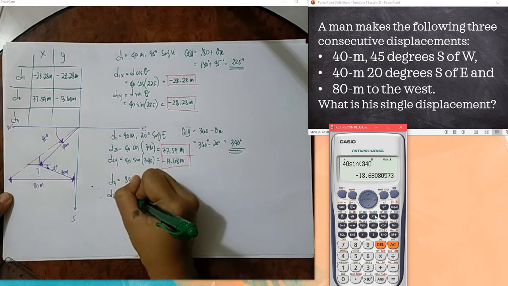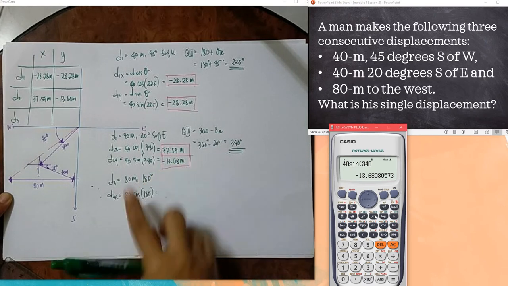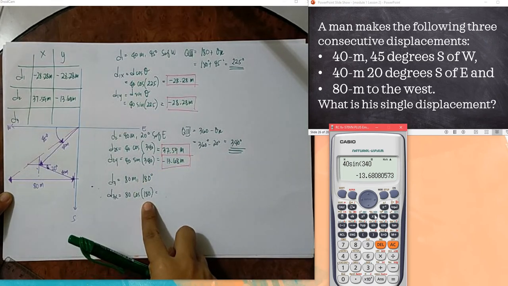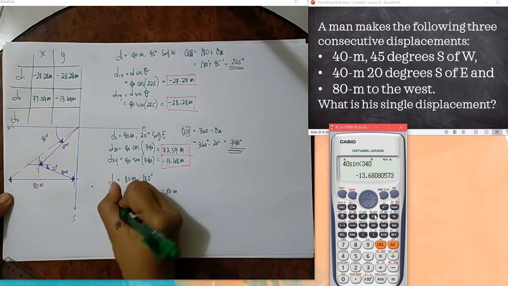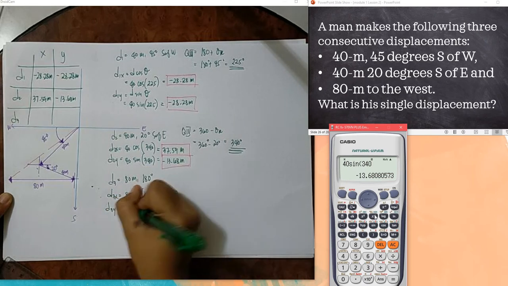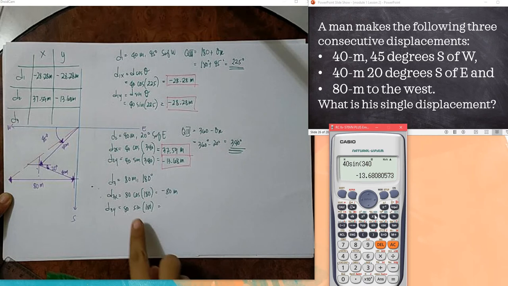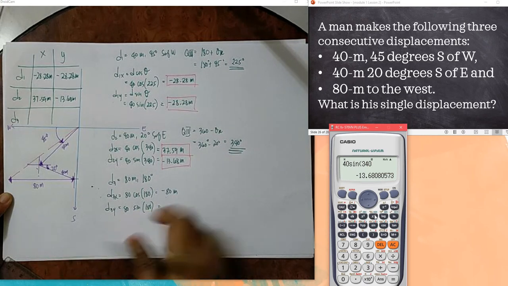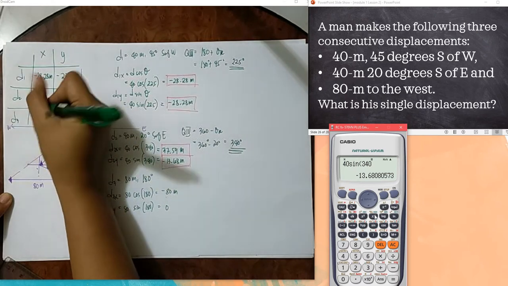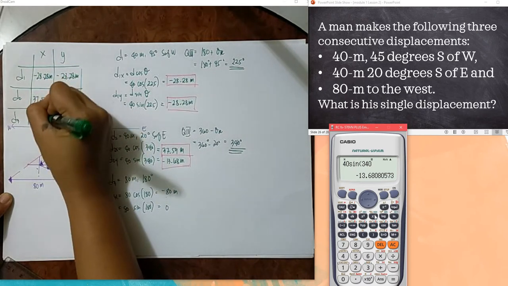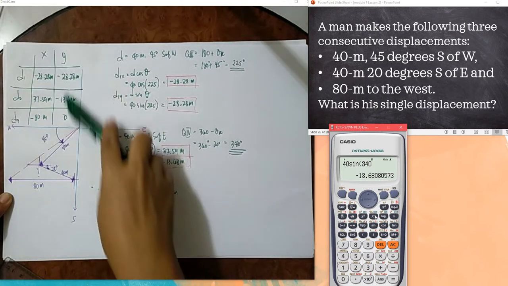D3x is equal to 80 cosine 180. Cosine 180 is negative 1 times 80, which is negative 80 meters. D3y, we have 80 sine 180. Sine 180 is 0 times 80, that is 0. So we have negative 80 meters and 0. These are our x and y values.